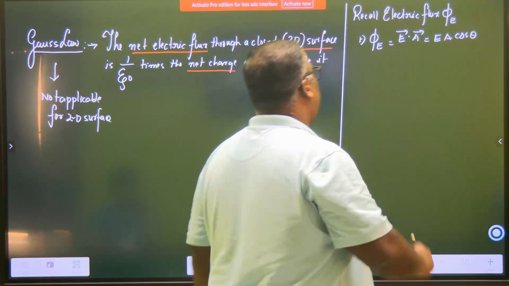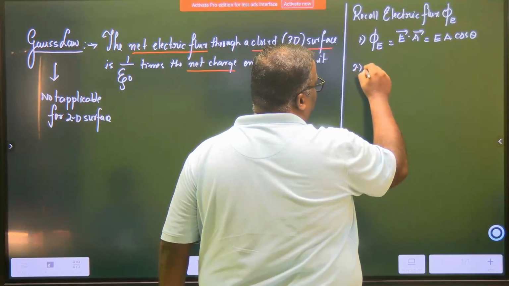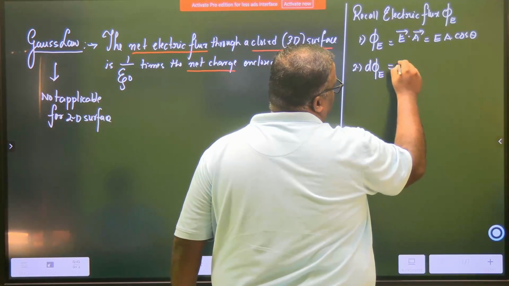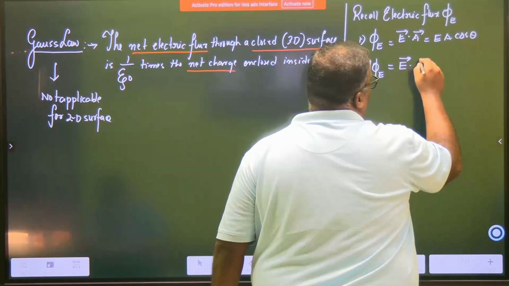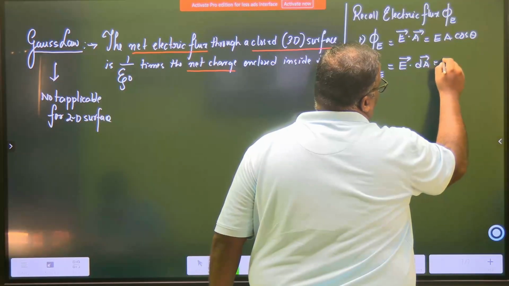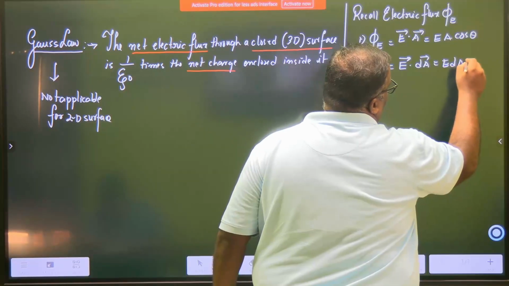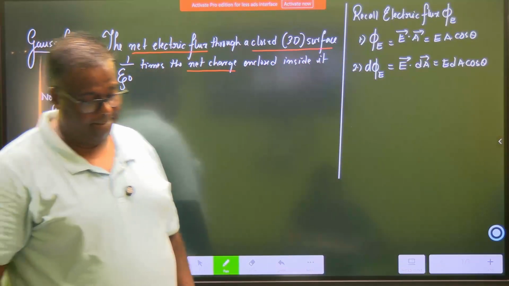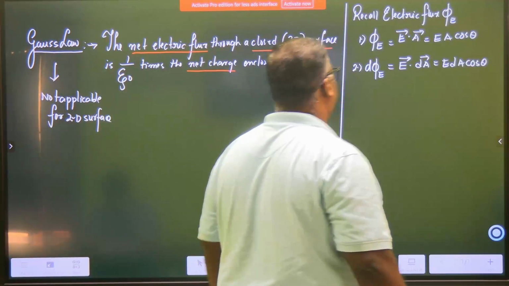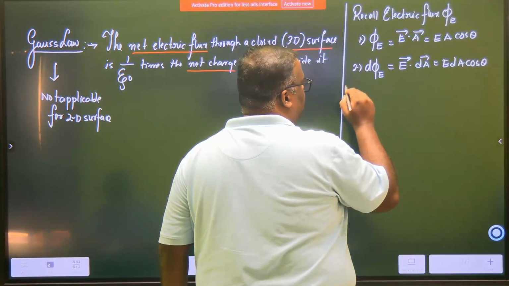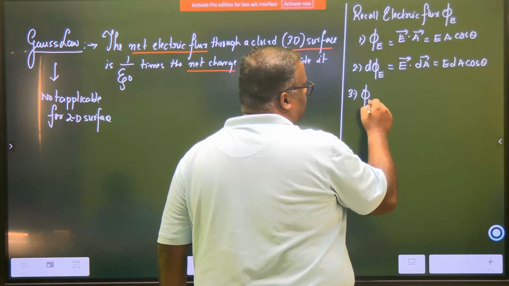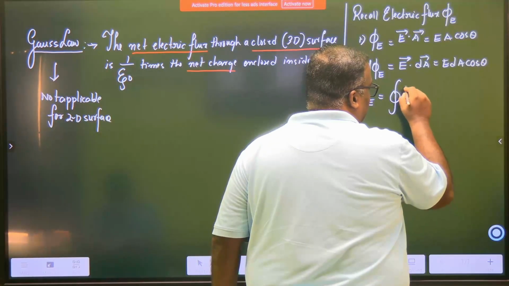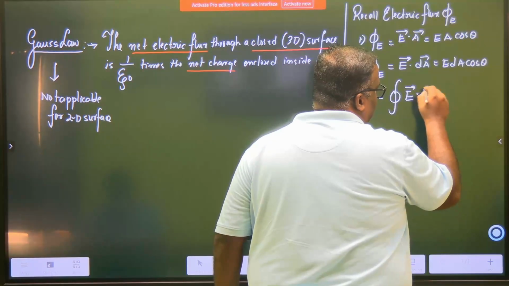Then we also studied that a small electric flux d phi E is E dot dA, and this becomes E dA cos theta.